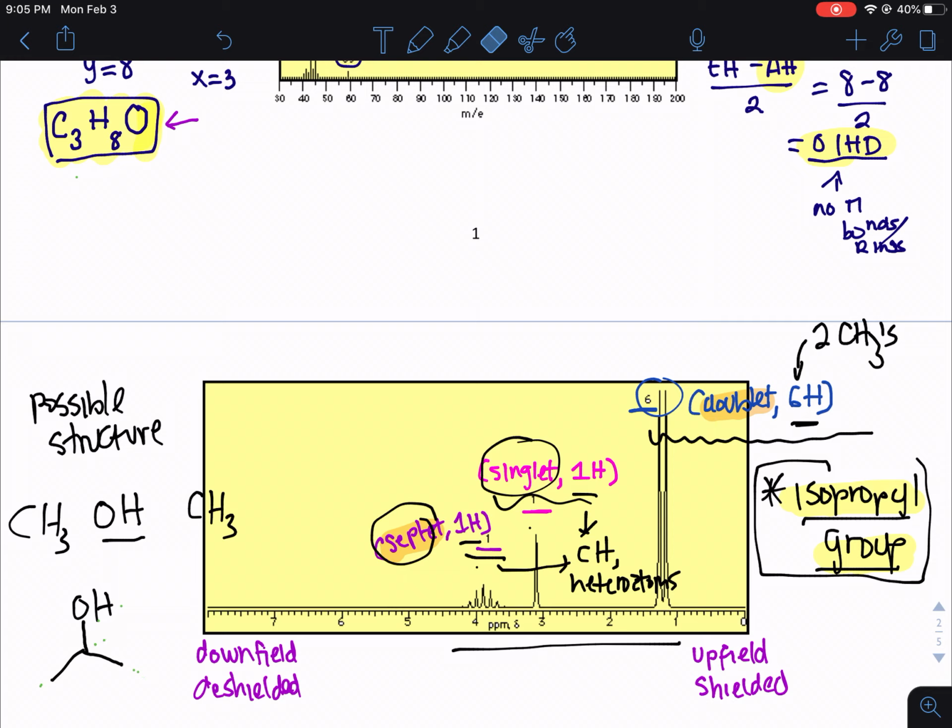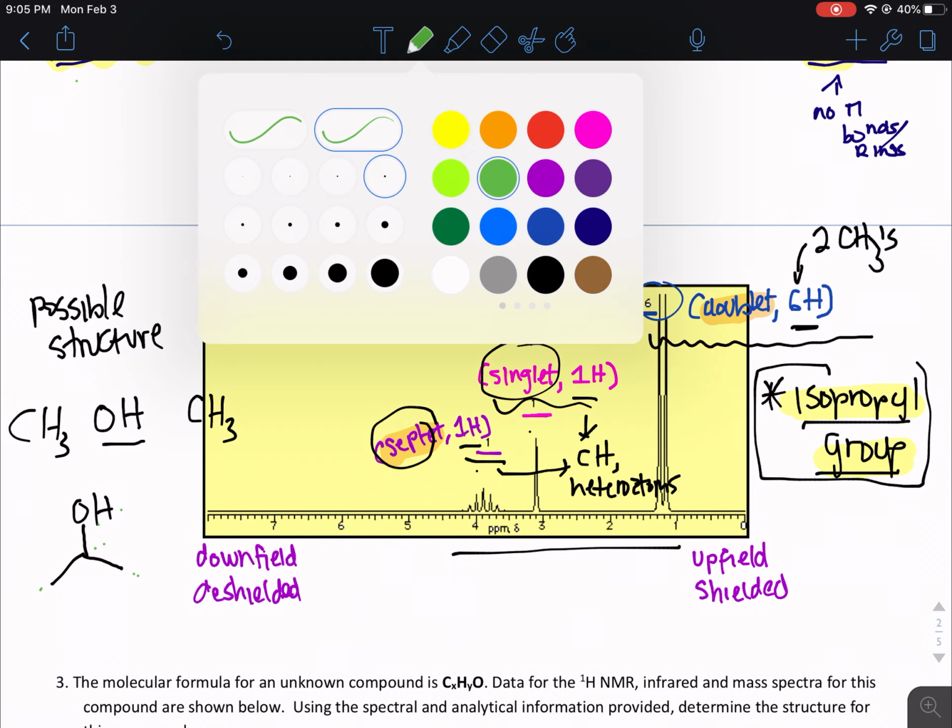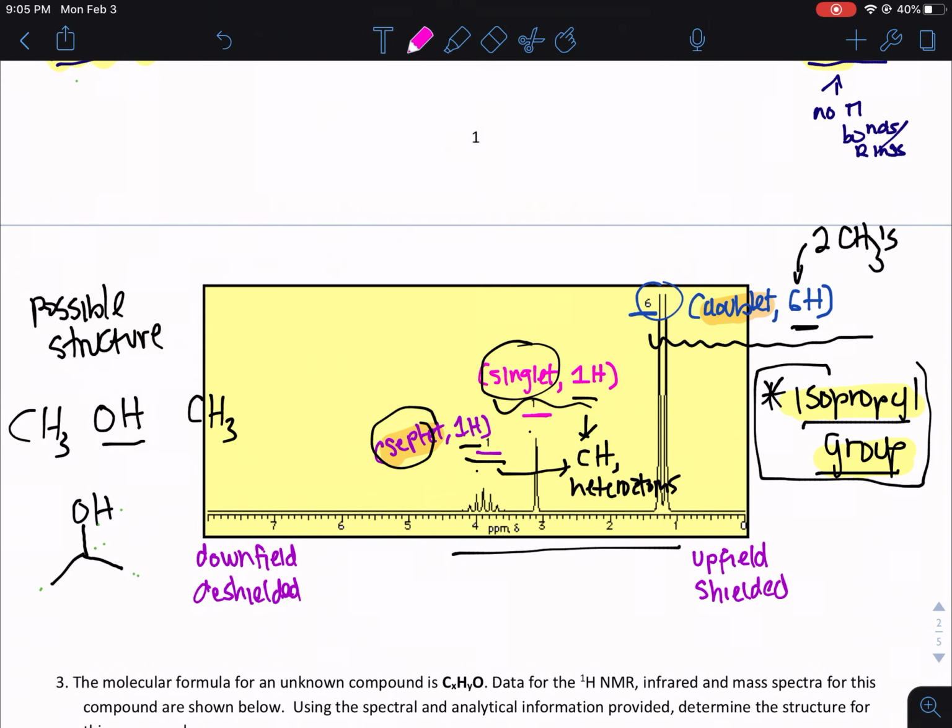So now let's look if this compound follows this proton NMR. First of all, let's determine how many signals we'll get from this compound that we proposed.